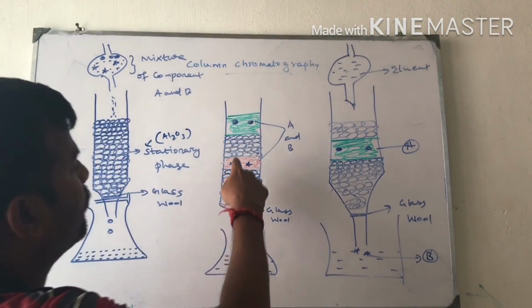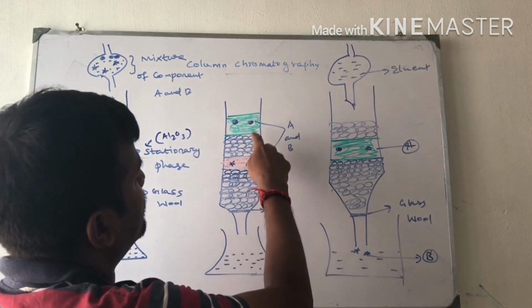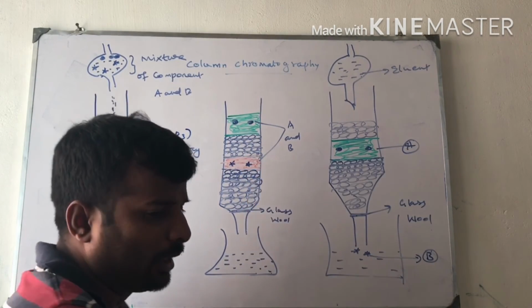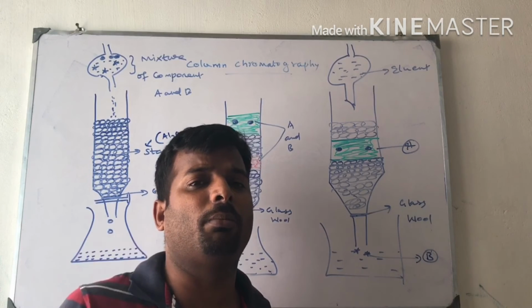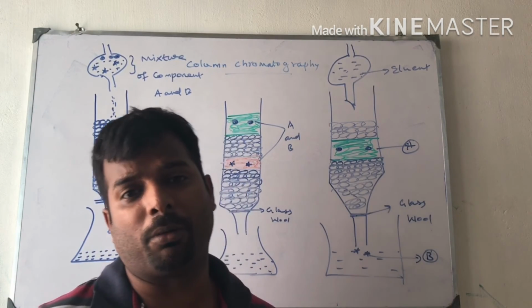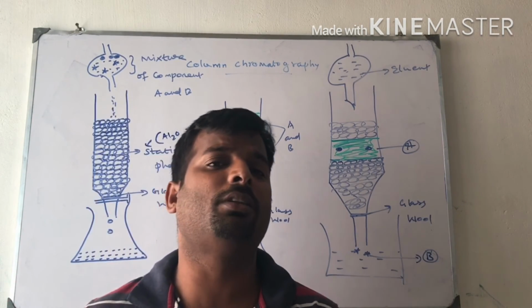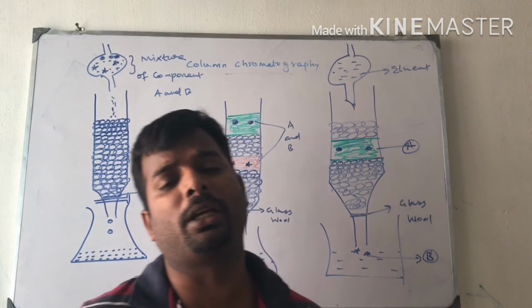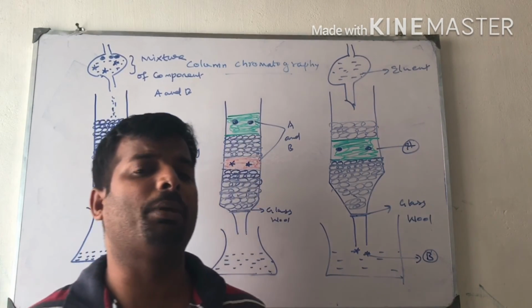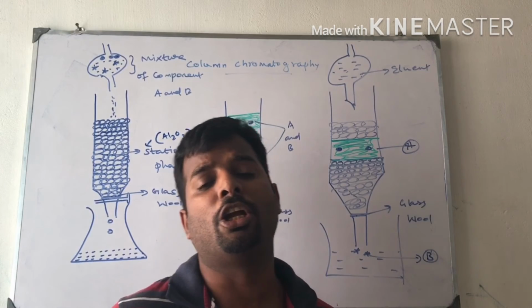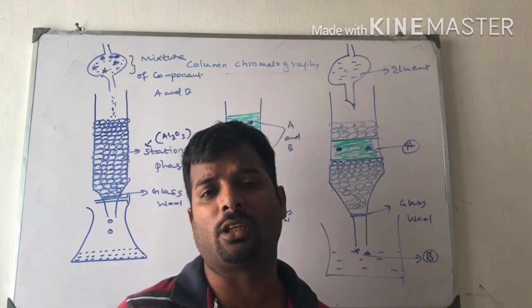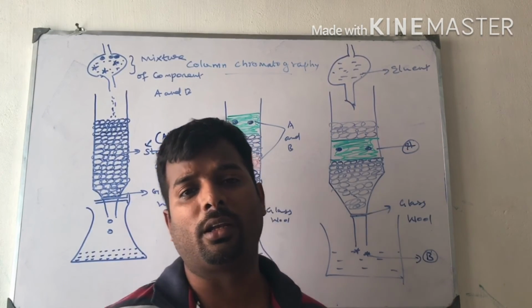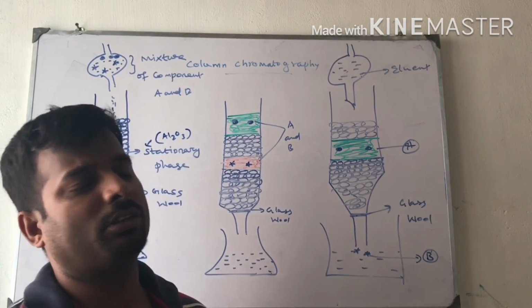After passing, the A component is at the top and the B component in the middle, which means that the A component is more soluble in the stationary phase when compared to the B component. That is why the B component is less soluble in the stationary phase, so it moves quicker and is filtered faster. So that is the thing.